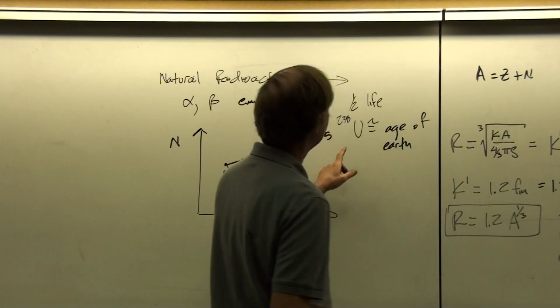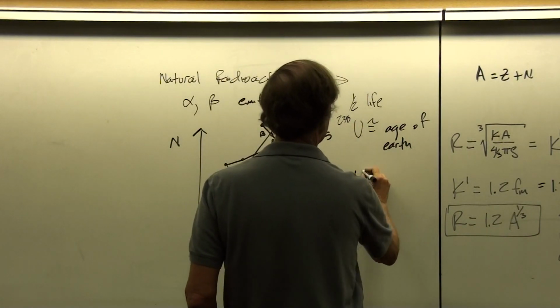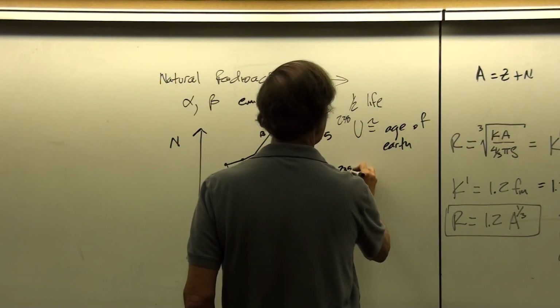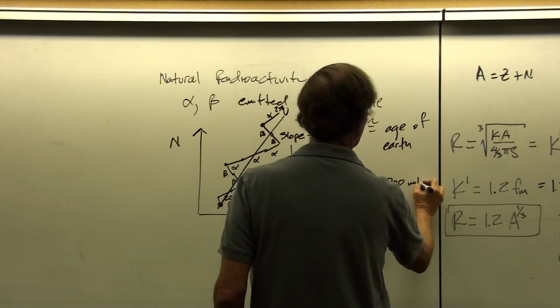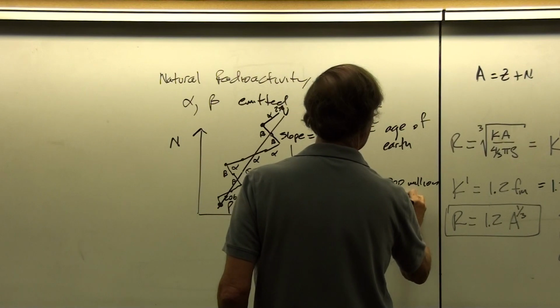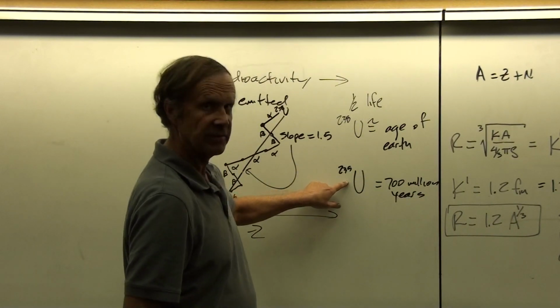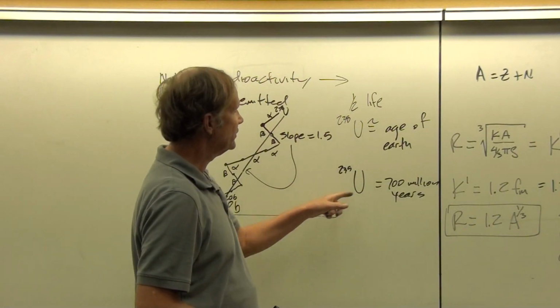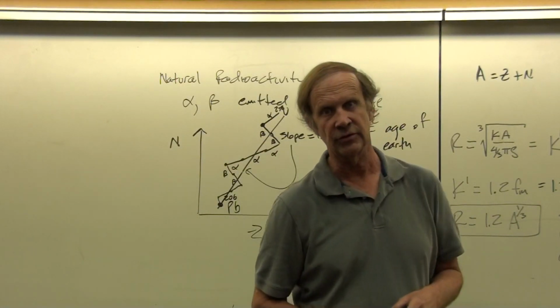Actually a little longer than the age of the Earth is the half-life for U-238, whereas the half-life for U-235 is about 700 million years. Now remember that U-235 is pretty easy to bust apart. And so this is what we use to make our atomic bombs, both U-235 and plutonium-239.